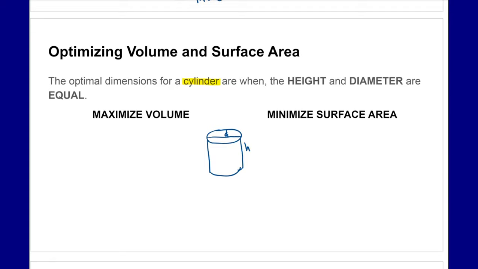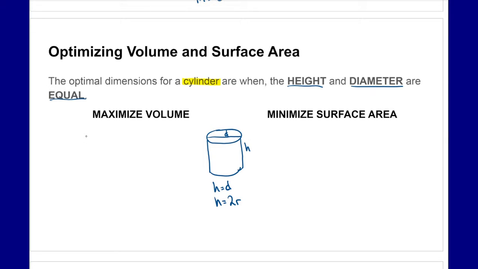That's why we come up with this requirement to get the optimal values. Because we're dealing with this, height would equal diameter, and you might also say the height is equal to 2r, or 2 times the radius. We're going to use this in a similar method to come up with a simplified formula, specifically for when we're trying to optimize, because we're optimizing based off of these given characteristics.